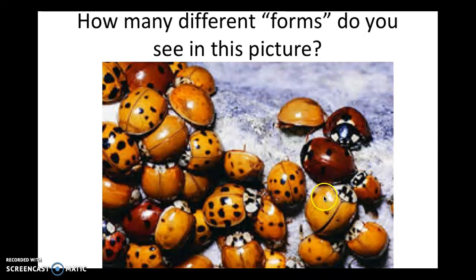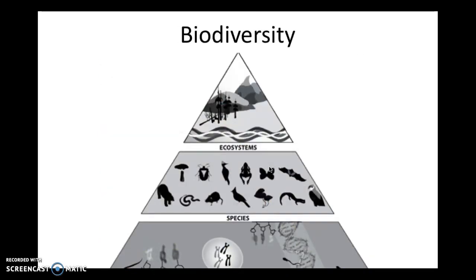There's some that have maybe a different shape, for example, maybe being a little bit more oval versus more round. So even though it may look like they're pretty uniform in the type of organism that we're talking about, there's still a lot of biodiversity in here, especially when you're talking about genetic.